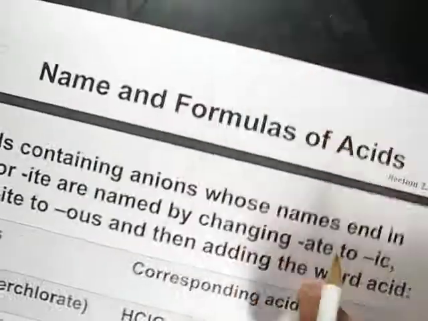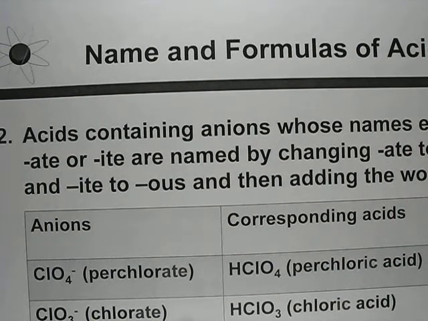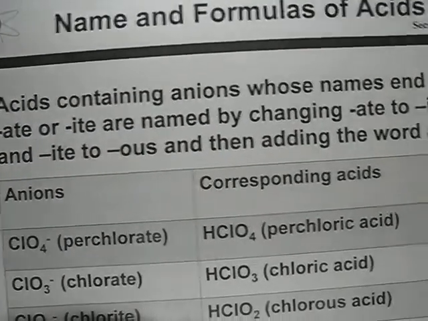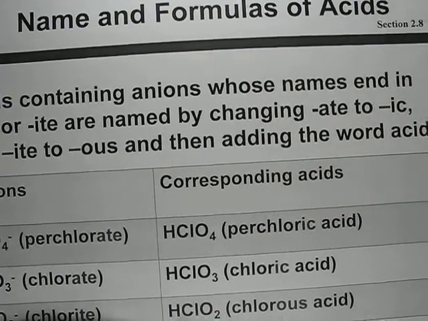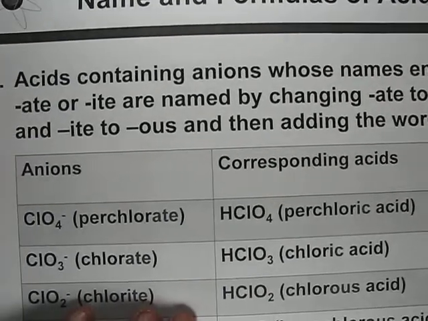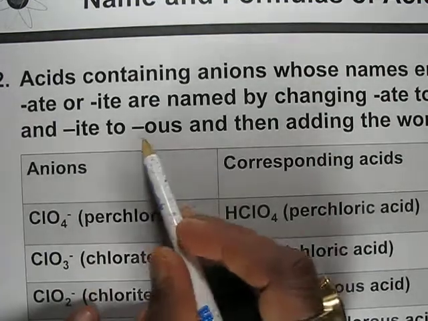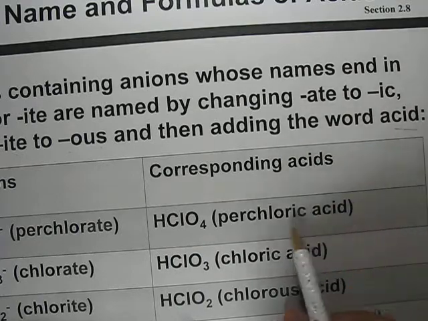The second rule for the naming of acids is: acids containing anions whose names end in ate or ite are named by changing ate to ic and ite to ous, and then adding the word acid.